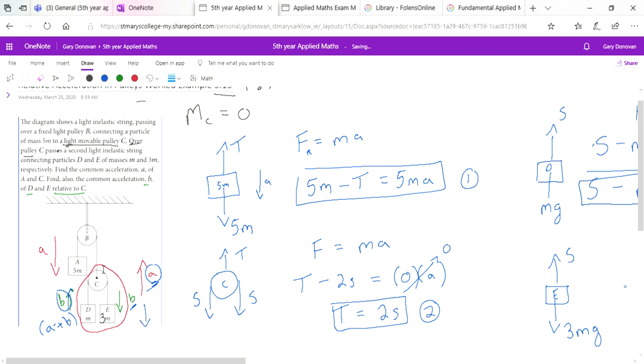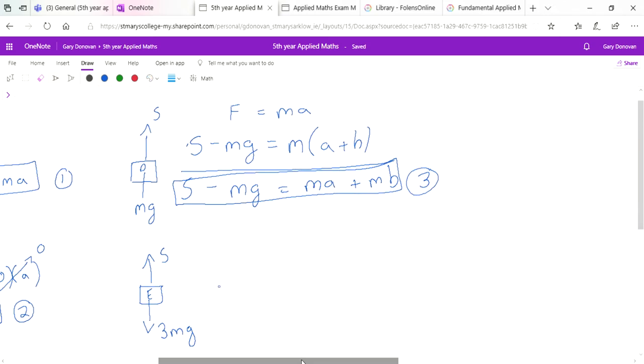And if we make that assumption, we're saying that b is greater than a. So that means its overall acceleration would be b minus a. You could do it the other way, but you're just making the assumption.